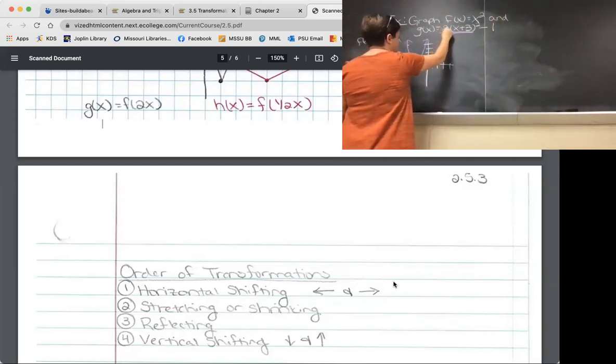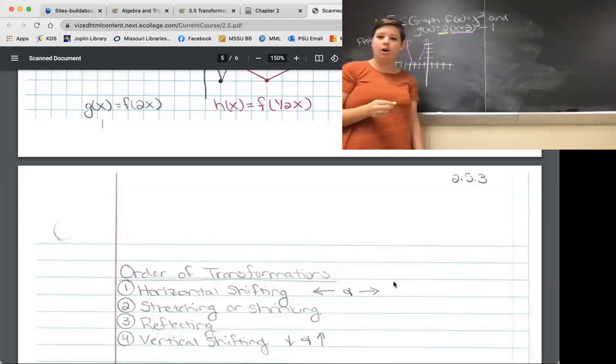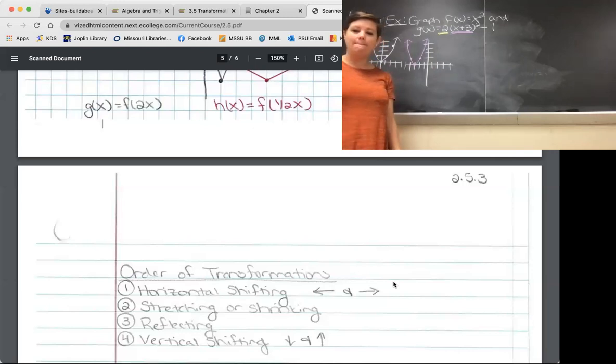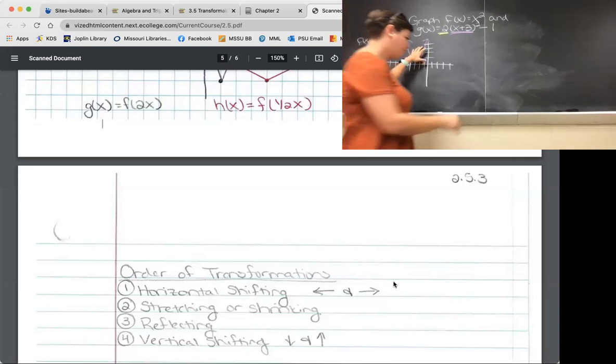Vertical says that if this is greater than 1, then I'm multiplying all my y values by that number. So I'm not going back to the original now because we've done a transformation. I'm going to start with this graph that's already been shifted horizontally, and I'm going to multiply all my y values by 2 to get my new graph.